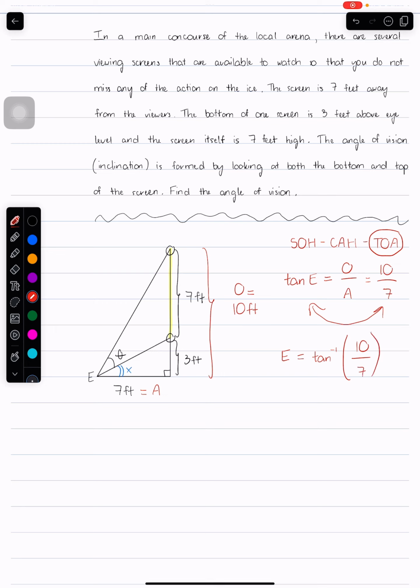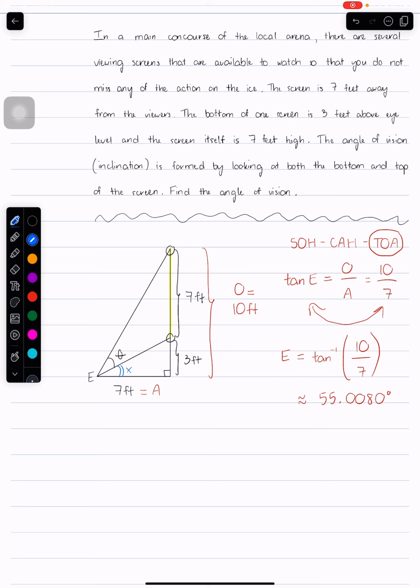And make sure that your calculator mode is on degree system. Then you're going to get the angle E approximating to 55 degrees. Or if you want to be more precise, you can keep it to 4 decimal places as 55.0080 degrees. So first thing done, first part done.